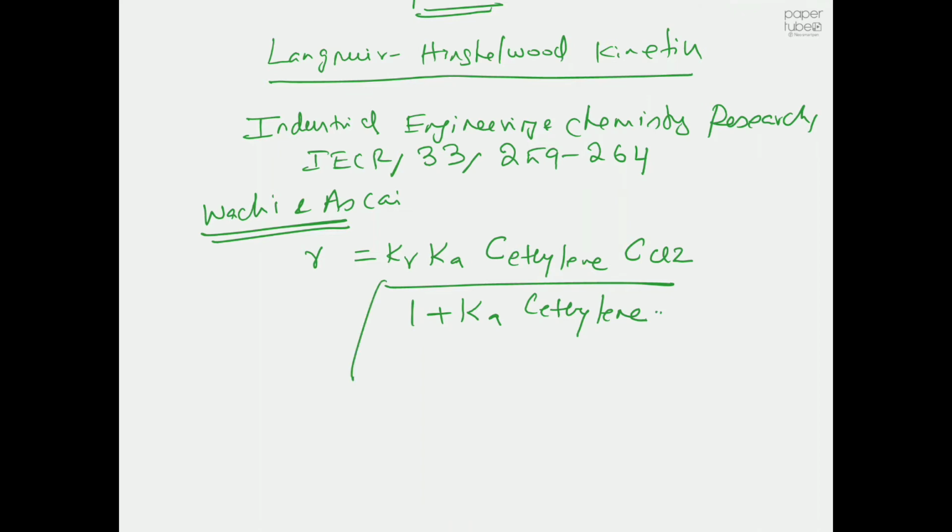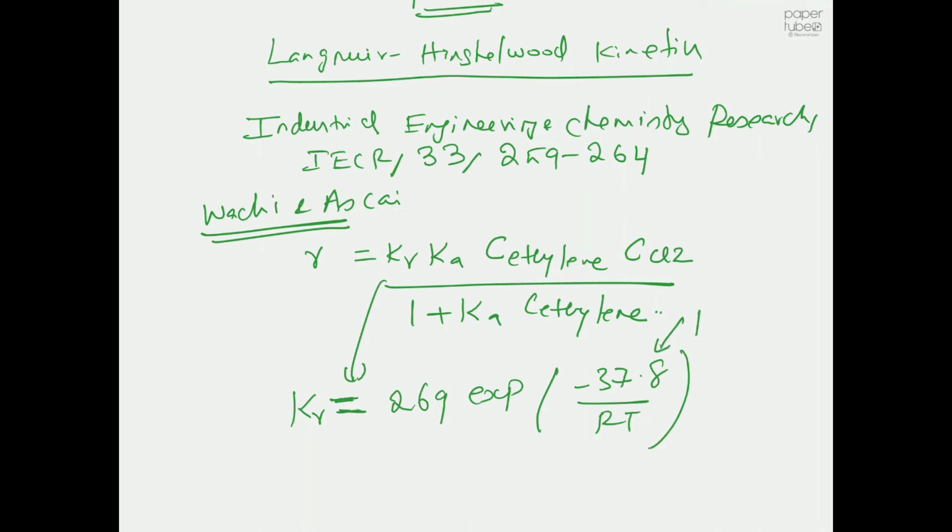So Kr is your kinetic constant, and it changes with temperature, following an Arrhenius type expression. So Kr is equal to 269 exponential minus 37.8 by RT, expressed in kilojoules, so your activation energy is in kilojoules.